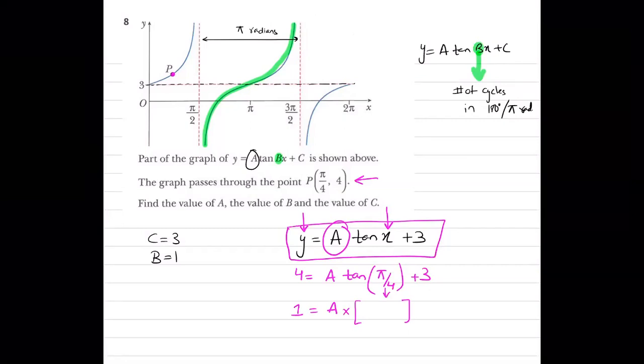I think your calculator is in degree mode. Okay, so you should be in radian mode because the domain is in radians. Press tan pi by 4. It's coming to 1. So 4 minus 3 was also 1. So the value of a is 1.